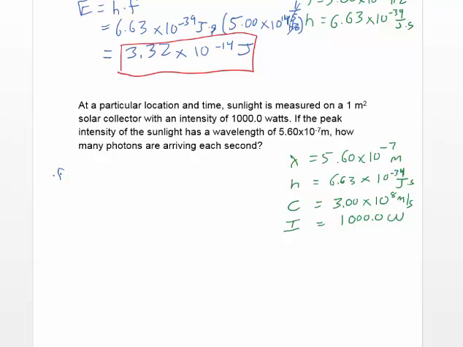Frequency, we've done this before, is equal to the speed of light divided by the wavelength, which is equal to 3 times 10 to the 8th meters per second divided by the wavelength of 5.6 times 10 to the negative 7th meters. Our meters cancel, leaves us with 1 over seconds, which is hertz, or a frequency of 5.36 times 10 to the 14th hertz.